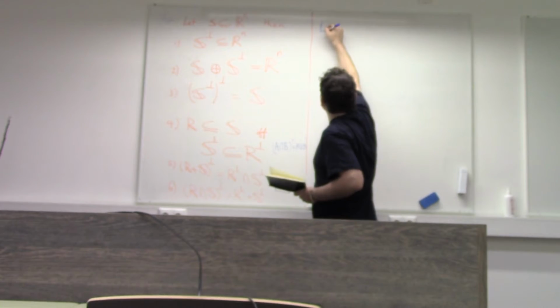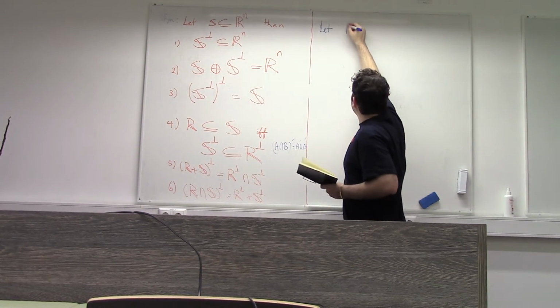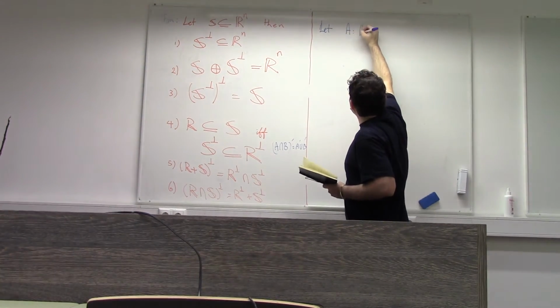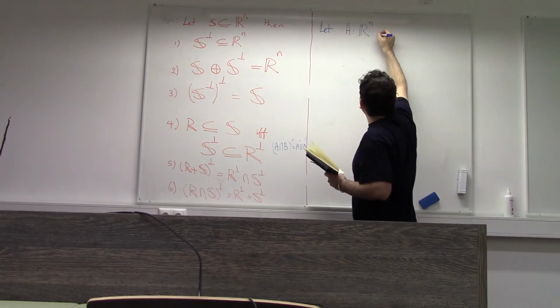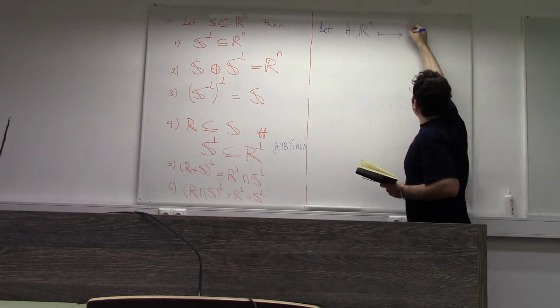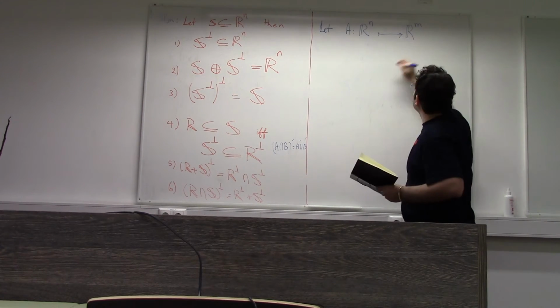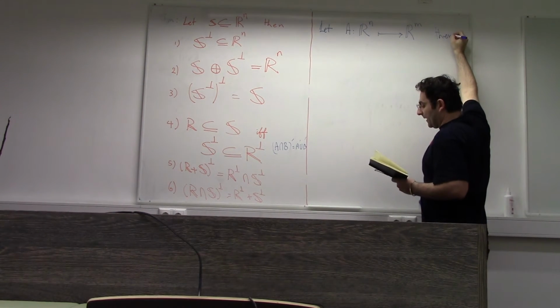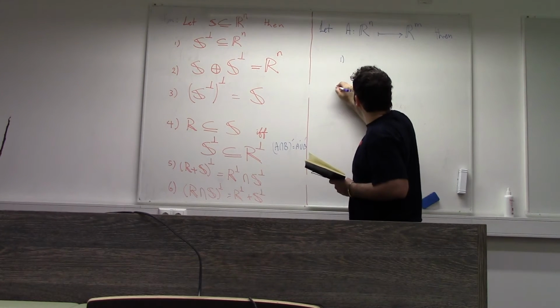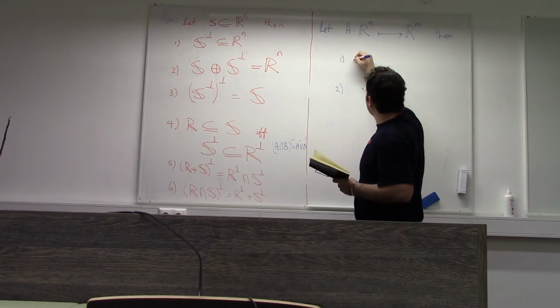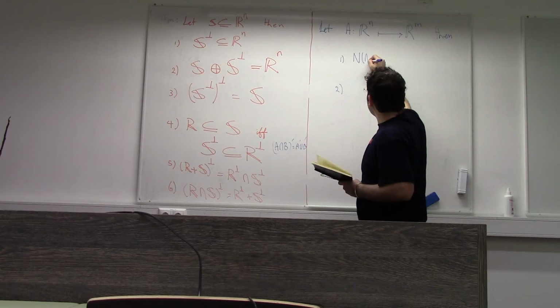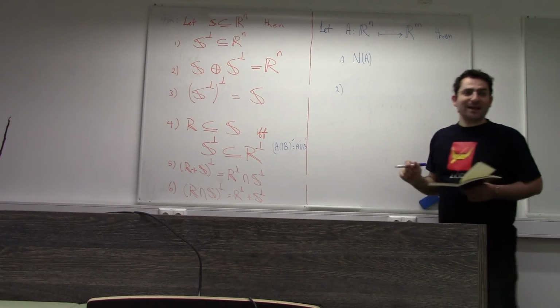So let A be from Rn to Rm, so it's a linear transformation. Then, what is NA?